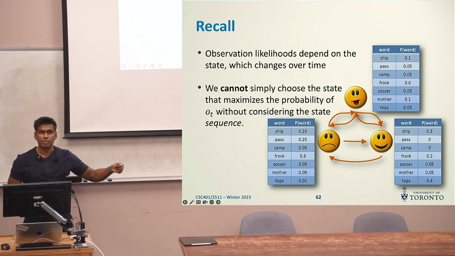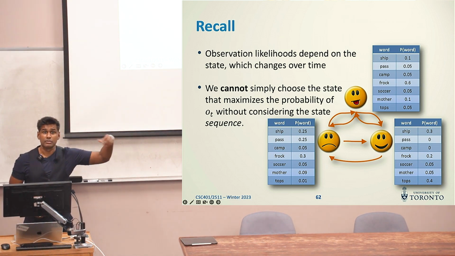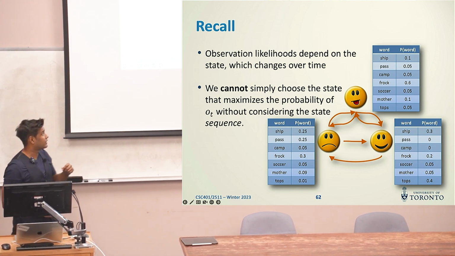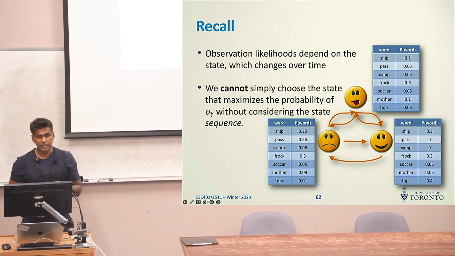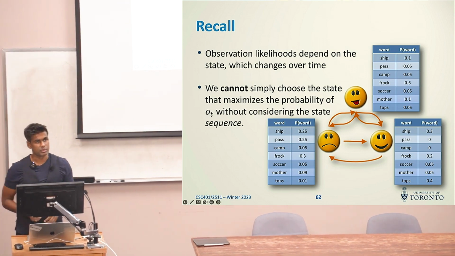But this naive approach doesn't work. The reason being that the underlying hidden states are non-stationary. You could be switching states, and there's no guarantee that you will be in the happy state and just grab that emission probability, okay? So the naive approach doesn't work. We need something more sophisticated.